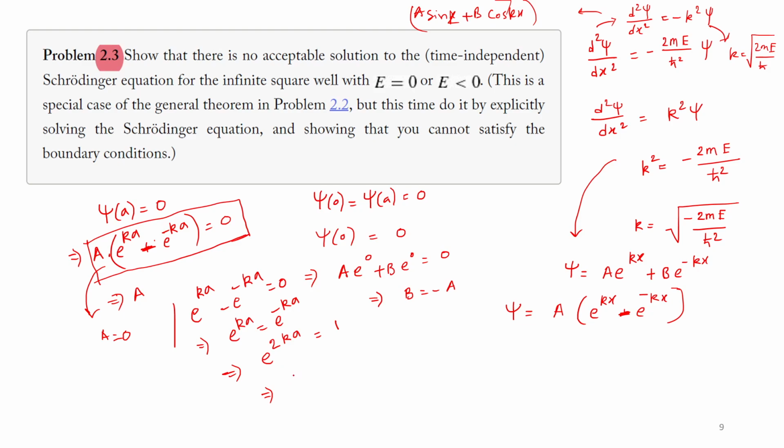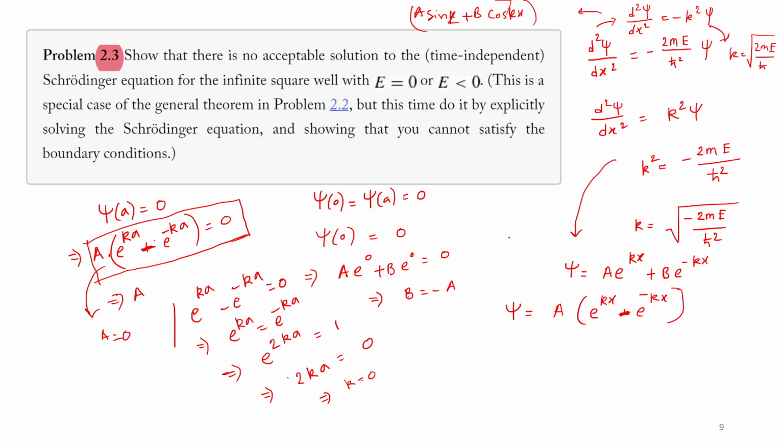So take ln of both sides: 2 kappa a equals 0. Now a can't be 0, so kappa is 0.